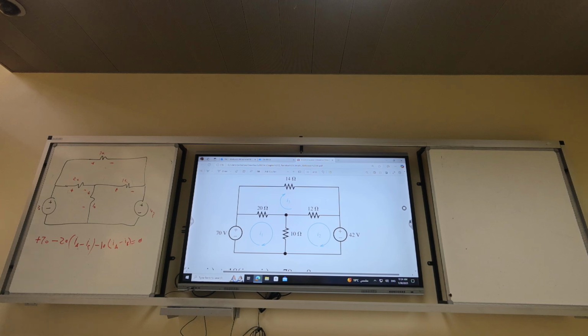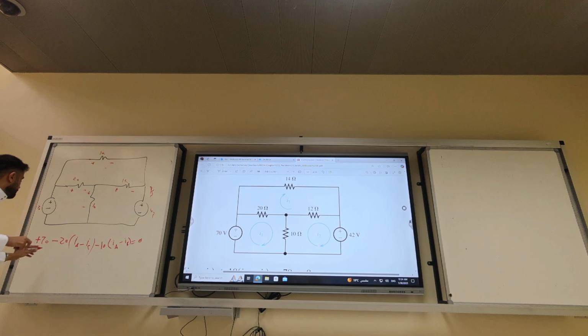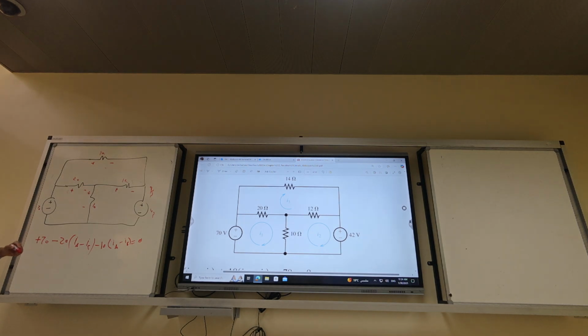Okay, I'm going to pick Hamad, you're the KVL at mesh 2. Where do you want to start? I will start here. Yes. Okay, let's start. Minus 42. You want to use the book method? Yes. Okay, then voltage drop, minus 42.